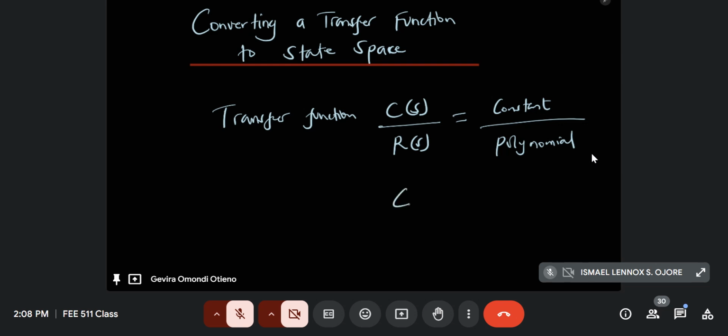The other transfer function is one in which both the numerator term and the denominator term are polynomials, okay? So the process of converting these types of transfer functions is slightly different.